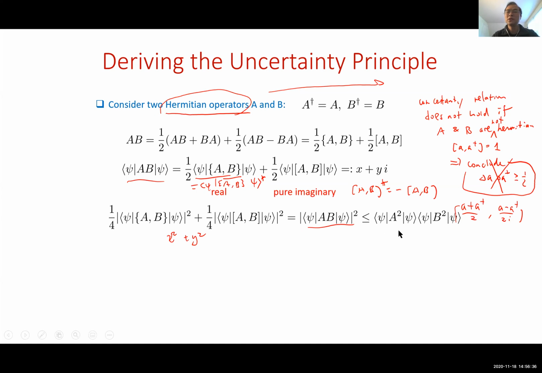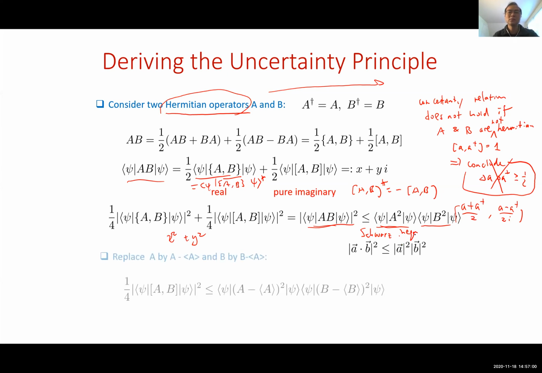The right-hand side, using the Schwarz inequality, you can upper bound by this expression. Essentially this is A dot B, the inner product squared is less than the product of the individual norms squared.